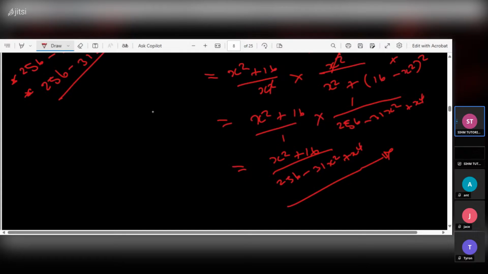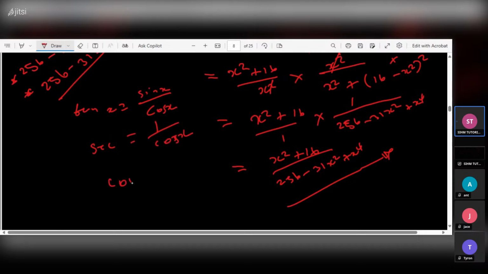Because we know that tan x is sine x divided by cos x. Also, sec x is 1 divided by cos x.